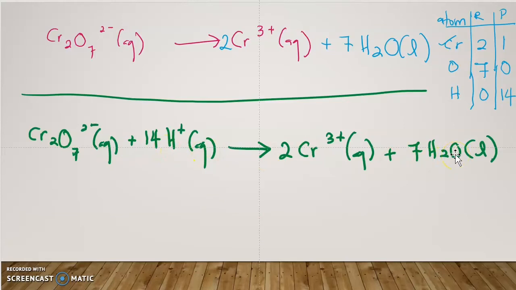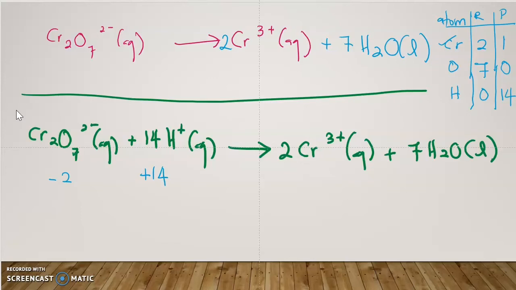So remember, first we have to check the atom, then we need to check the electron. Now we want to check the electron. What is the charge here? We don't have any numbers here, so this is negative 2. This is positive 14.